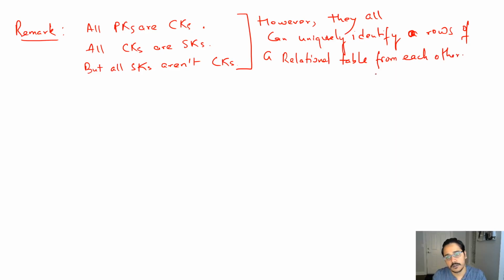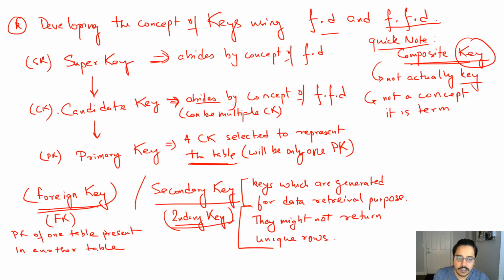Okay. So after that, we have the concept of foreign key, which, based on the concept tree we have here, states that it is a primary key of one table present in another table.